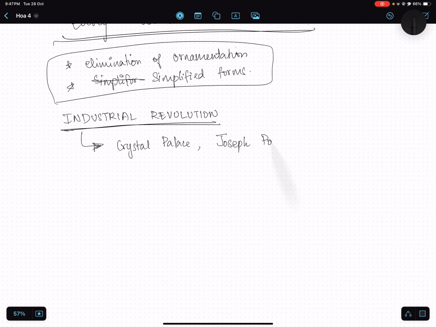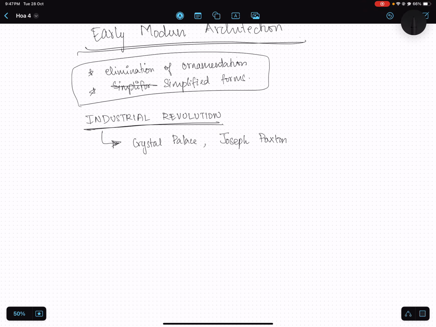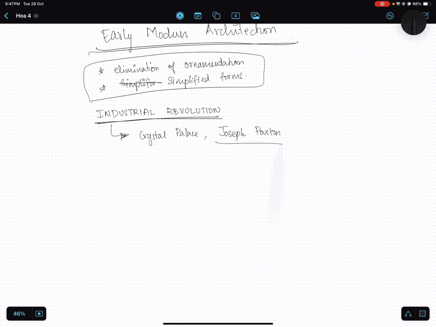I'm going to talk about a lot of iconic buildings throughout whatever architecture era is going to come up. So that's the main thing that I'm going to talk about. So Joseph Paxton used a lot of iron and glass.